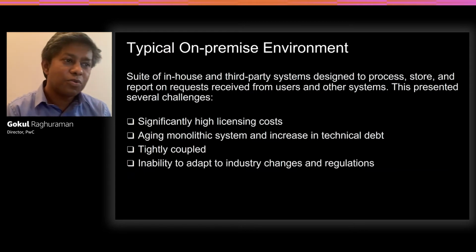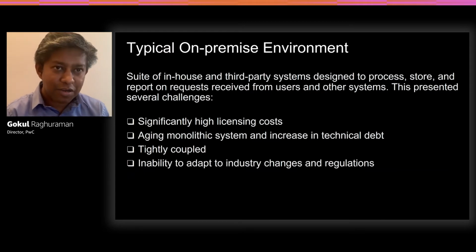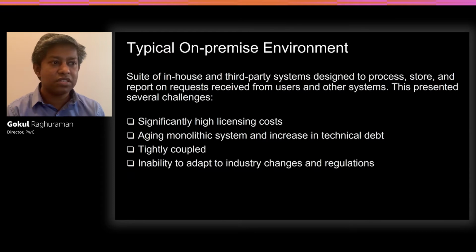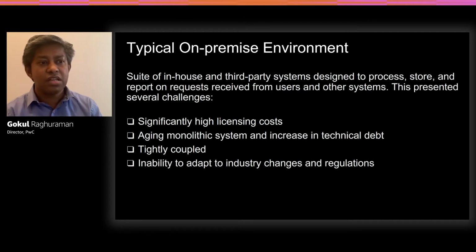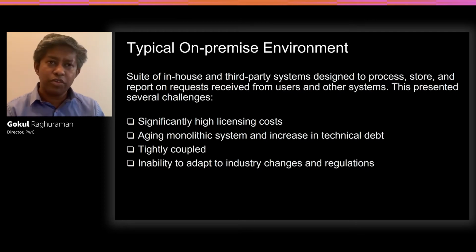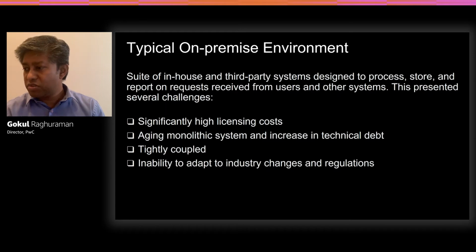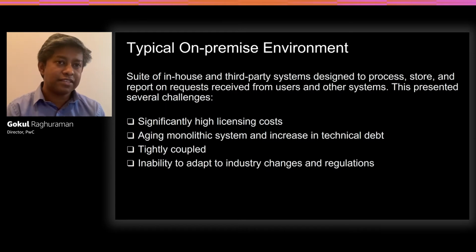Let's start with a typical environment, not too uncommon, that we see in our clients on a day-to-day basis, leveraging traditional application architectures that they've been running for a long period of time on their on-premise environment. Right now, this application is probably using a legacy monolithic kind of an architecture.